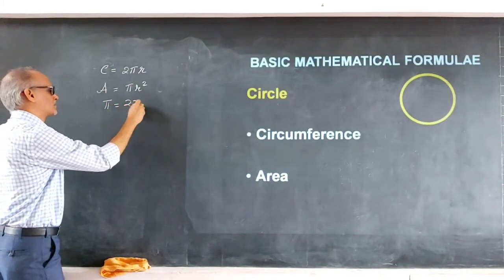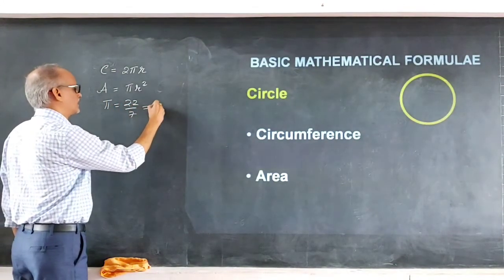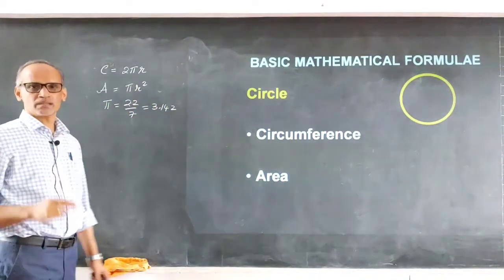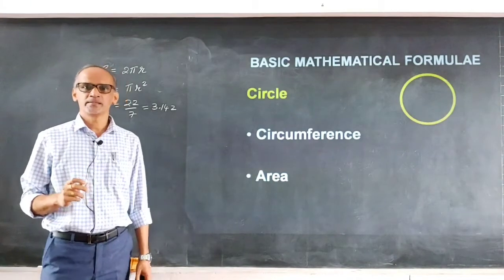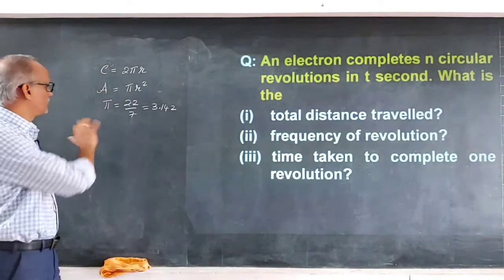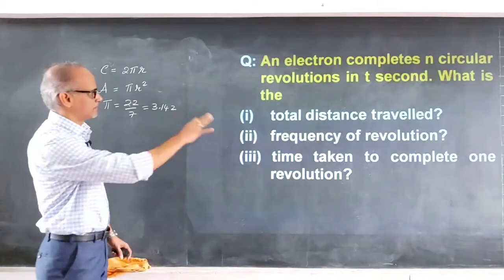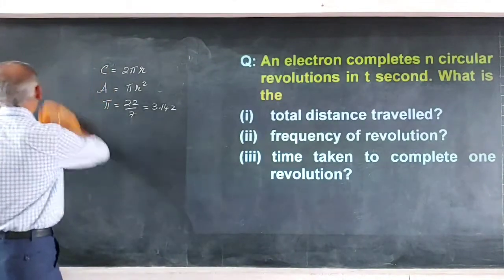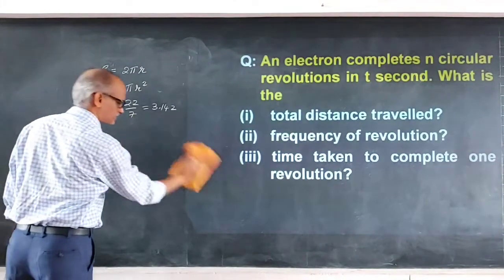Pi is basically 22 by 7. But when you divide this you will get 3.142 is the value of pi. So remember the value of pi is 3.142.